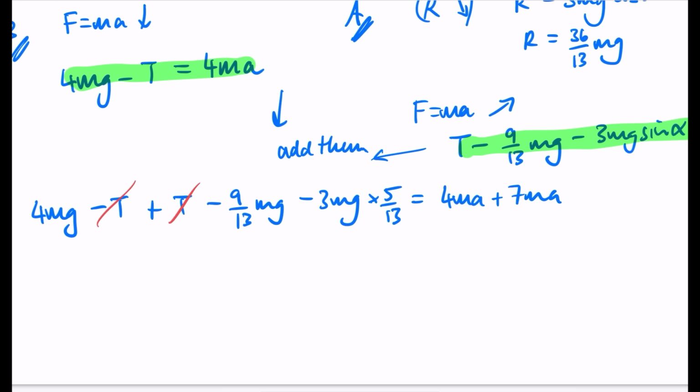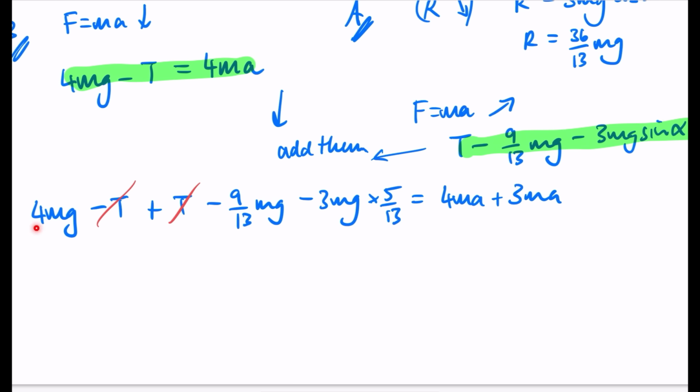I then have, on my calculator, I will do 4 minus 9 over 13 minus 3 times 5 over 13. Oh, I don't know why this is a 7. That's obviously still a 3, isn't it? I jumped the gun there.